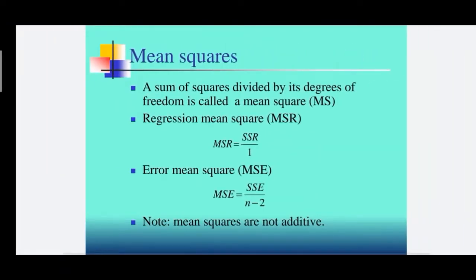Okay, so to create the ANOVA table, we need to divide the sum of squares with its degrees of freedom. So because of that, MSR will be SSR divided by 1, MSE equal to SSE divided by n minus 2.